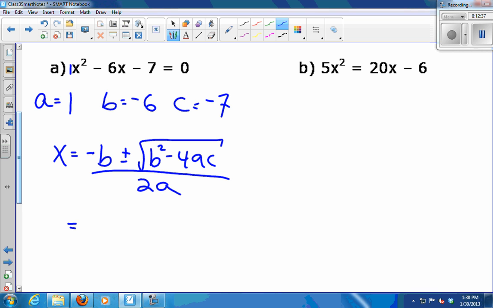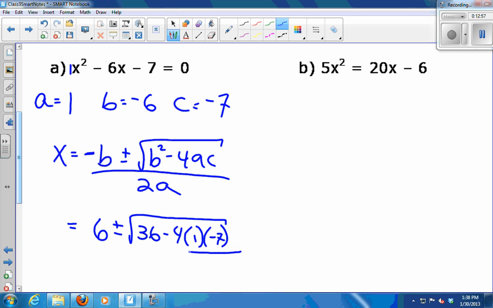You can also read this as the opposite of b. So if b is already negative, you make it positive. B is negative 6, so this becomes 6 plus or minus the square root of b squared. So negative 6 squared is 36 minus 4 times a times c all over 2 times a.